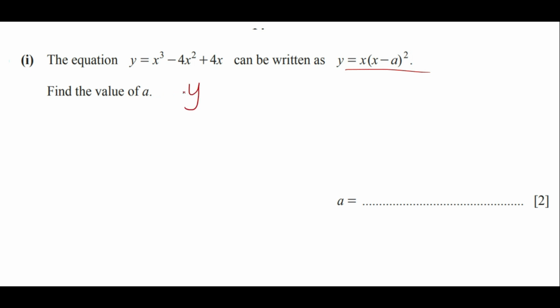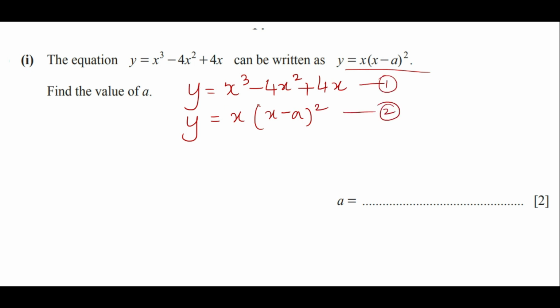Now you have two equations given to you, y equals x cubed minus 4x squared plus 4x, and y equals x multiplied by x minus a the whole square. So equating these two, I can write x cubed minus 4x squared plus 4x is equal to x multiplied by x minus a the whole square.